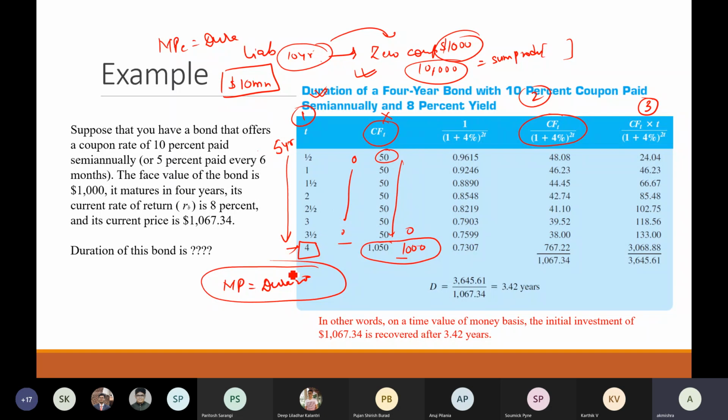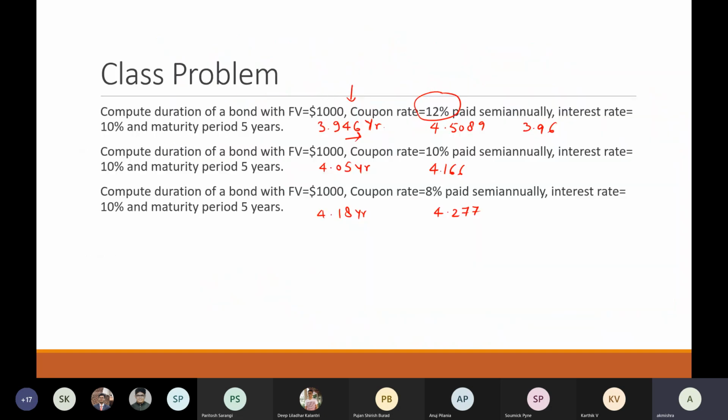Whereas when you buy this kind of duration bond, you may recover your investment, or you may have enough asset before the maturity. So that's why, when you are thinking about long-term strategic investment, fixed income securities are one of the areas where you can explore more. And from a fixed income portfolio point of view, understanding of duration is very important.